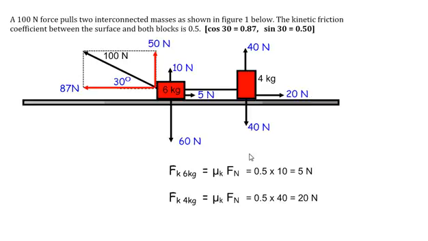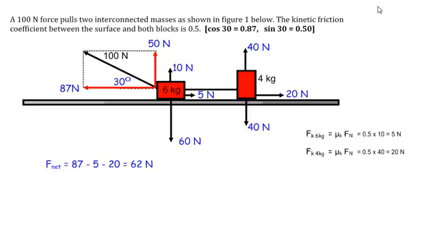The forces acting along the vertical must balance out, so 40 balances out with the 40 down here, and the 60 newtons upwards balances the weight in this case. So we can ignore the vertical forces since we're interested in the horizontal acceleration, and the vertical forces are perpendicular, therefore have no effect. So in considering the horizontal acceleration, we need to see what the net force along the horizontal is. So 87 newtons acts to the left, and 5 and 20 newtons act to the right.